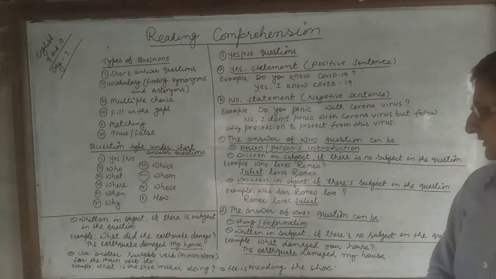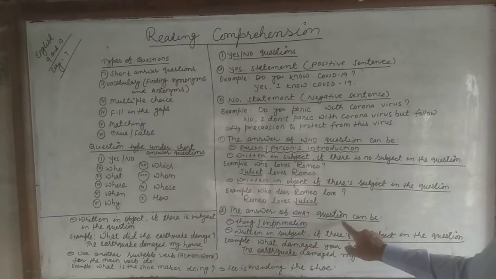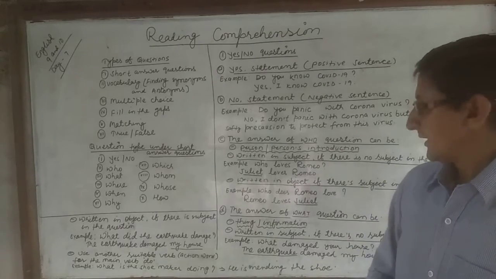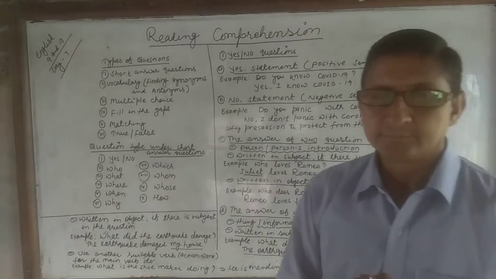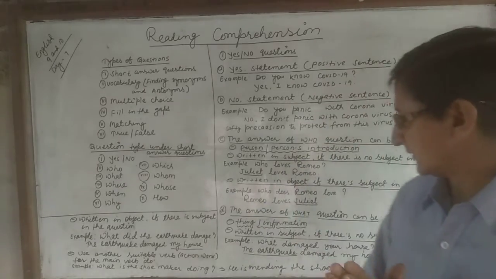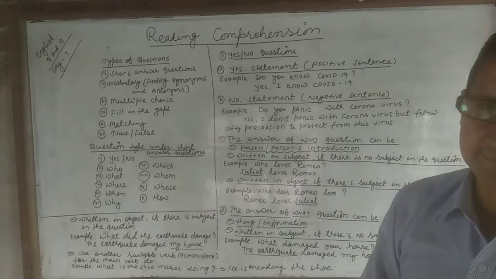Another type of question is what. The answer of a what question can be a thing or information. If there is a what question in the passage, you have to find out the thing or information from the passage.